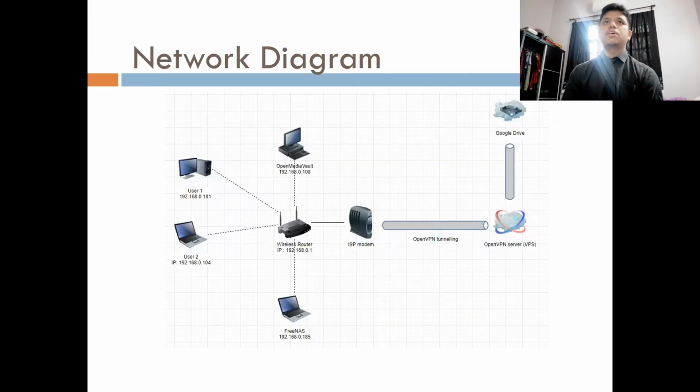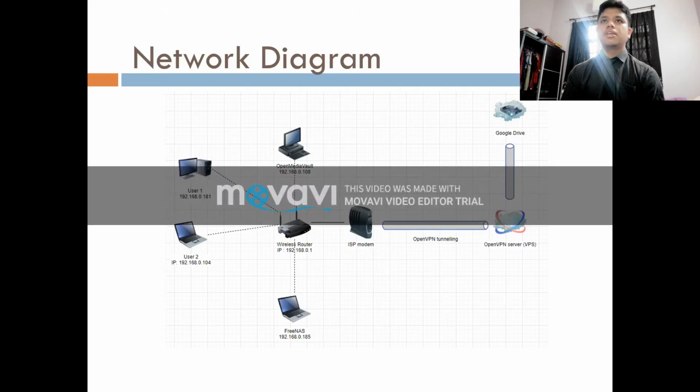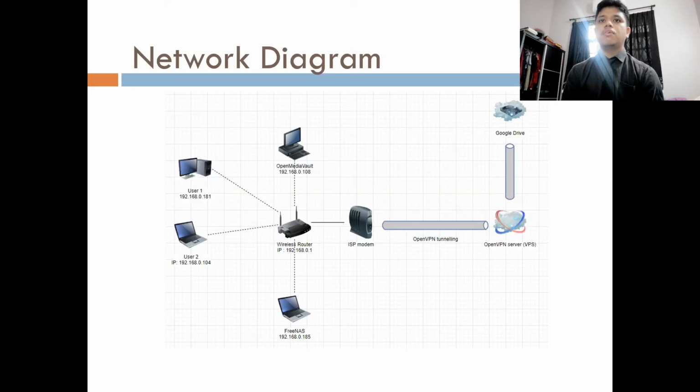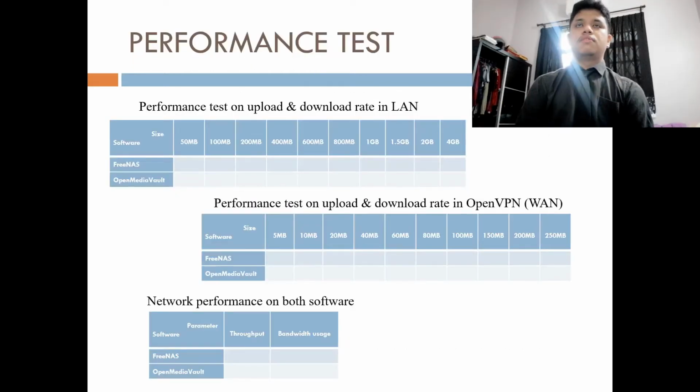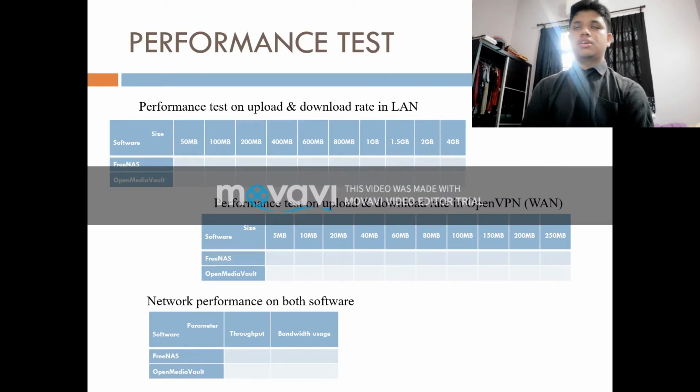This is the network diagram of my project. There are two users here and two different NAS. One is OpenMediaVault, and another is FreeNAS. For the performance test, there are three conditions.